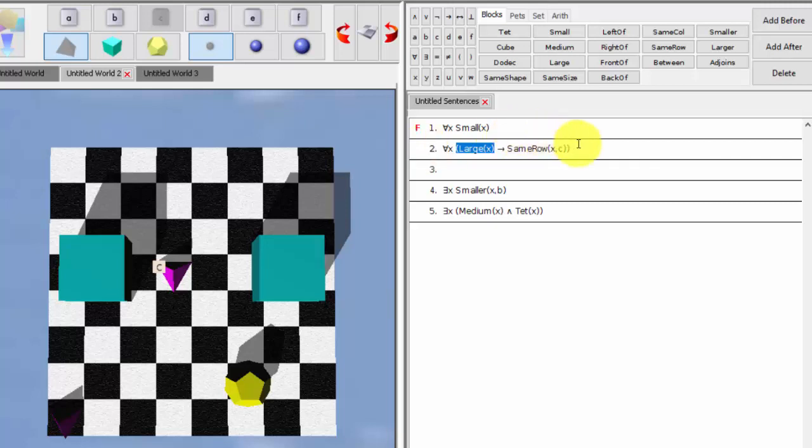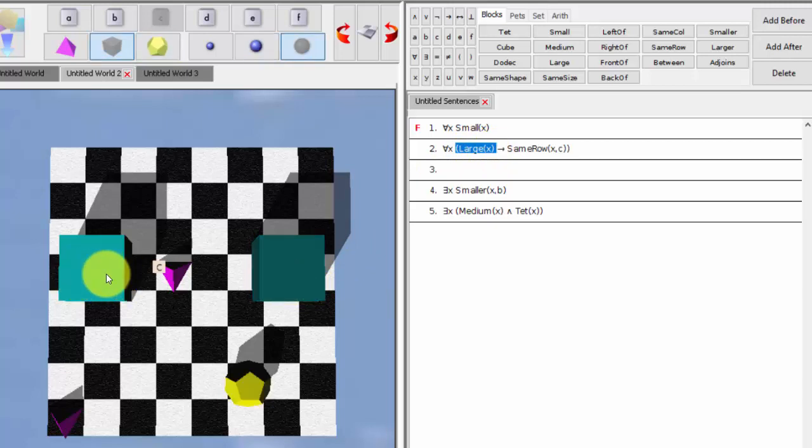Now you might think that this sentence is false in this world because there are some objects that are not large, namely C and this object, the dodecahedron, as well as this tetrahedron here in the corner. However, because this object is small and this is medium, they each satisfy this conditional statement, since it makes the antecedent false when we plug them into it.